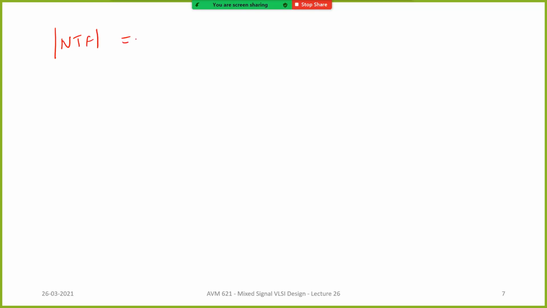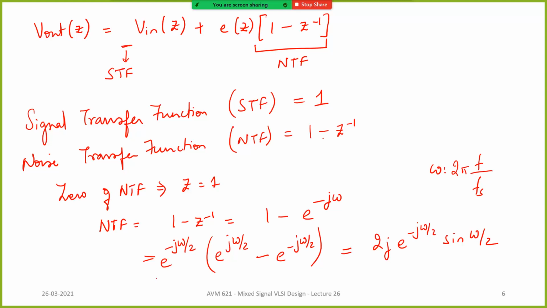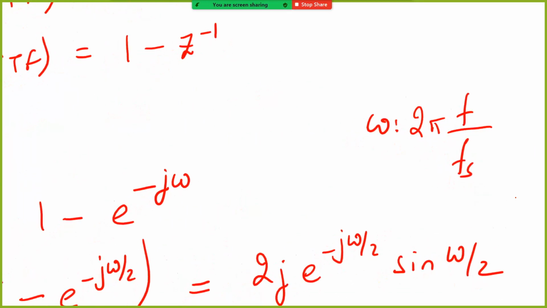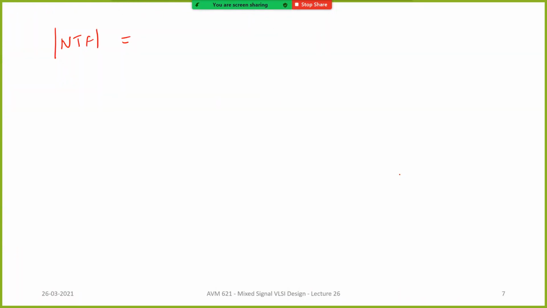The e power minus j omega by 2 term will become 1, and therefore you have only 2 sine omega by 2. For small omega, 2 times sine omega by 2 will be approximately omega.